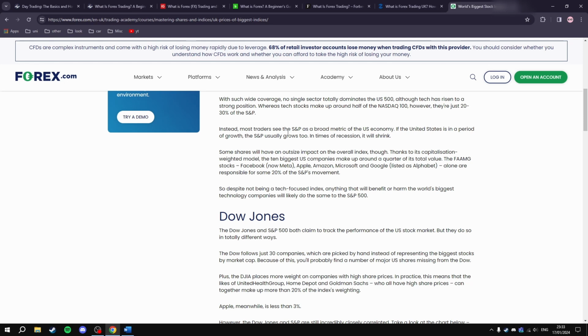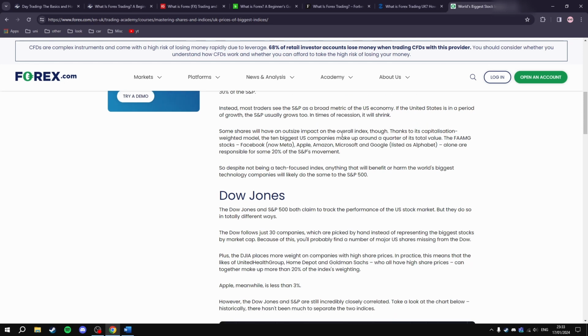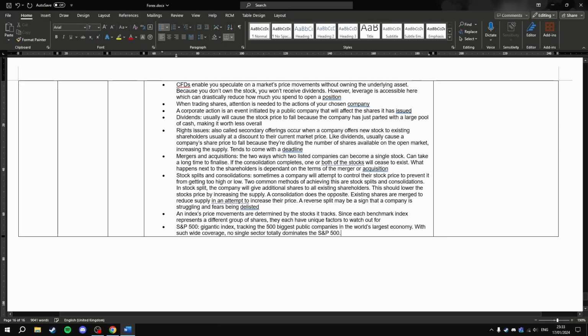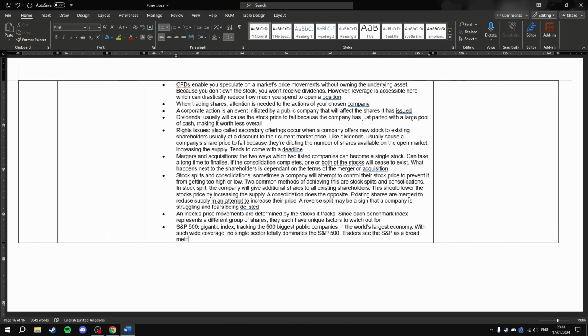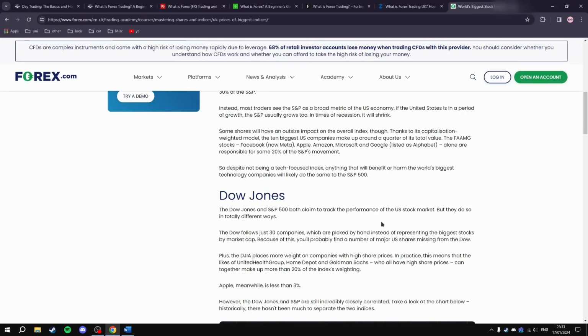Instead, most traders see the S&P as a broad metric of the US economy. If the United States is in a period of growth, the S&P usually grows too. In times of recession, it will shrink.